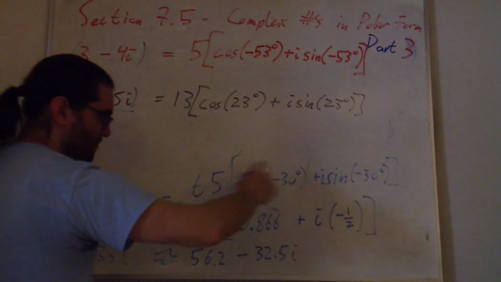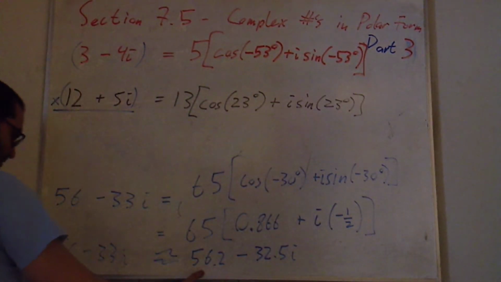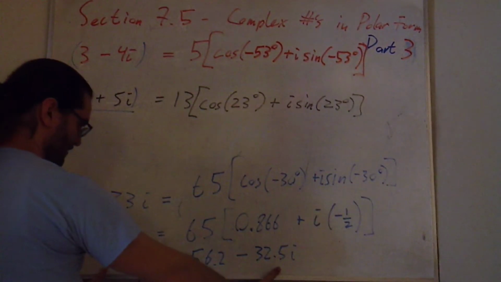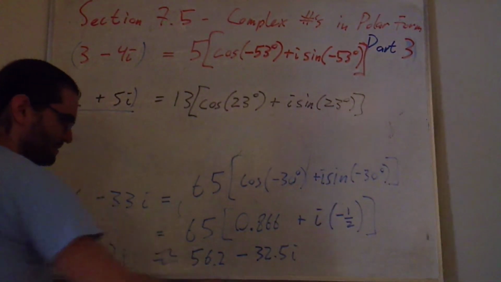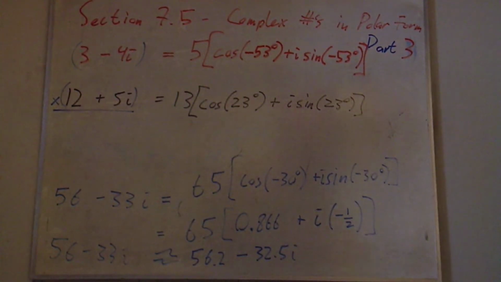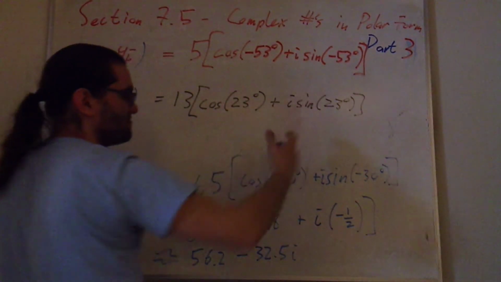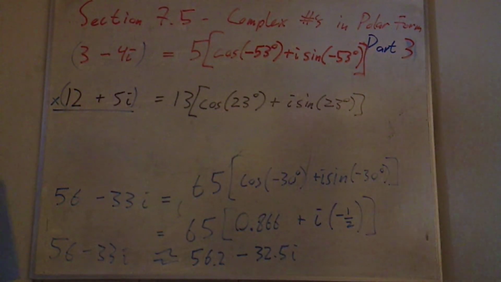And if I convert that back into rectangular, I'm getting 56.2, which is almost perfect, and 32.5, which is almost perfect. A certain amount of rounding error can be expected because of these approximations. But this is a pretty good accuracy.